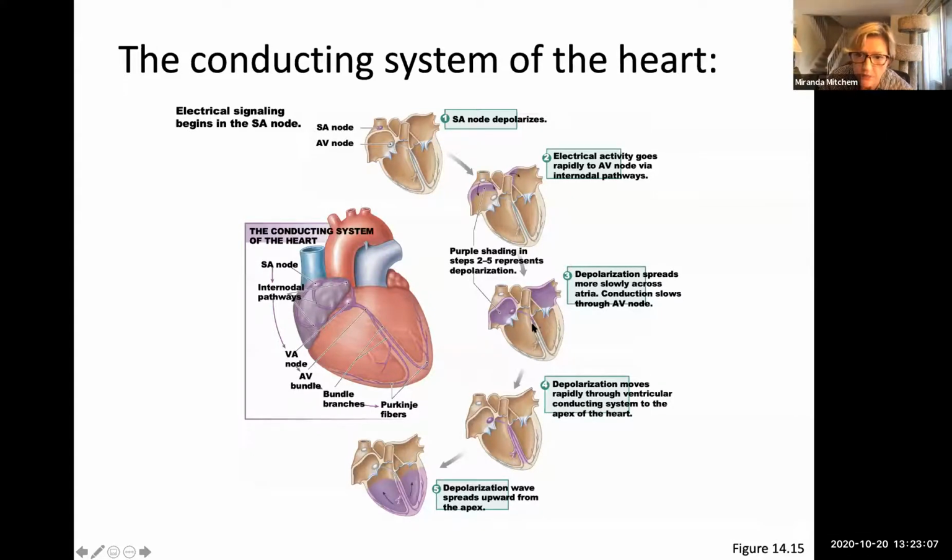After the bundle branches, it moves down to the apex of the heart, where that contraction begins at the apex of the ventricle, and then it moves up and out. Why does it move up and out? Because that's where the Purkinje fibers are located.